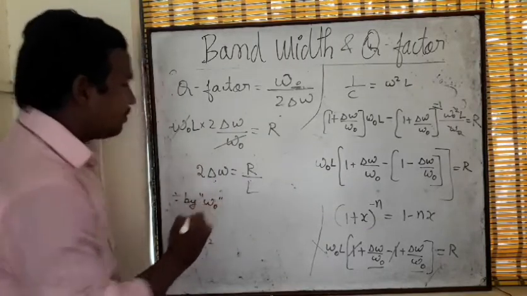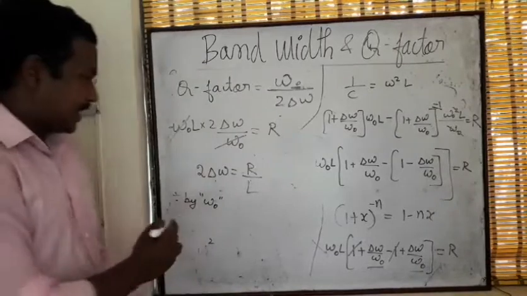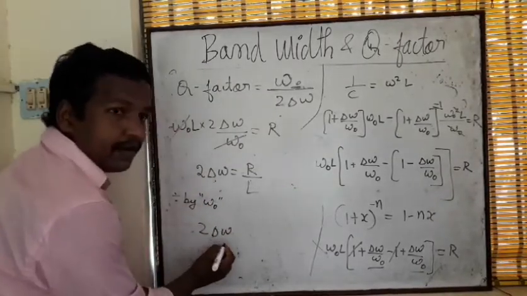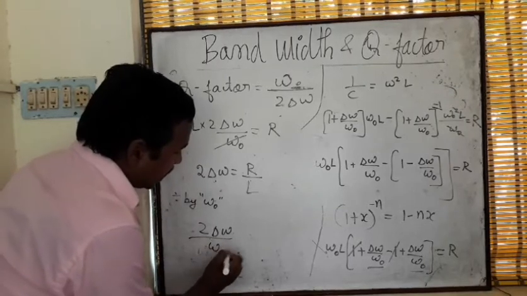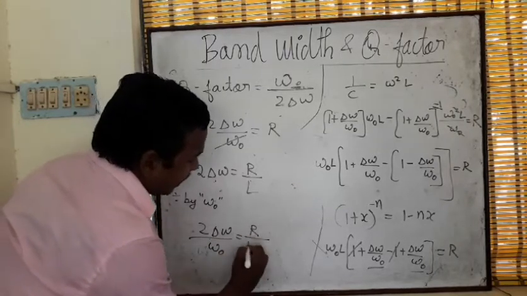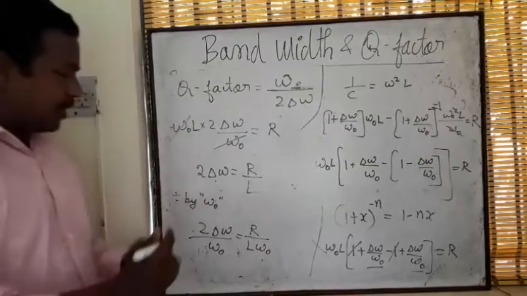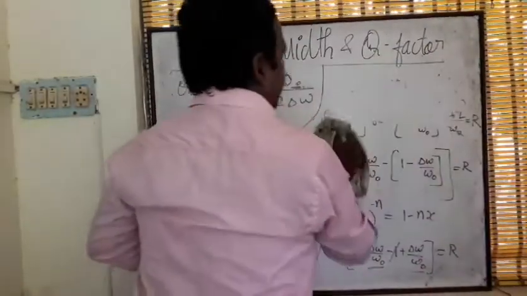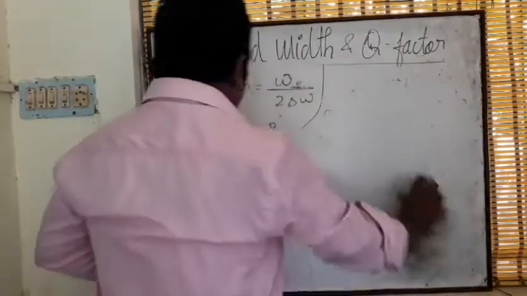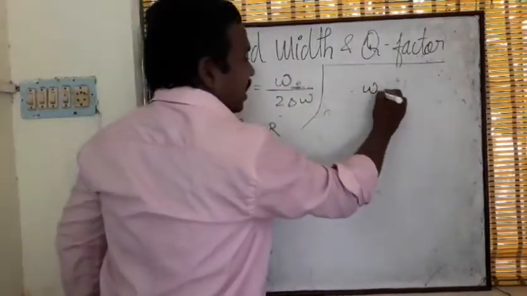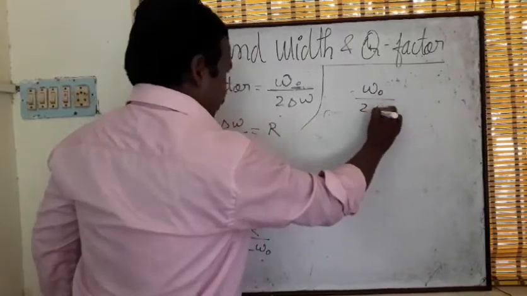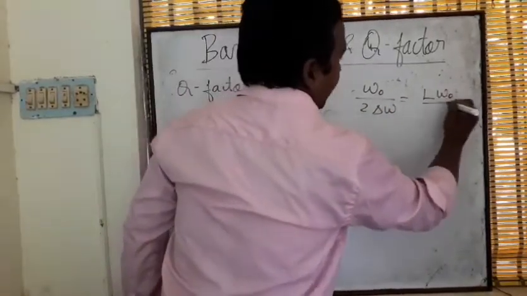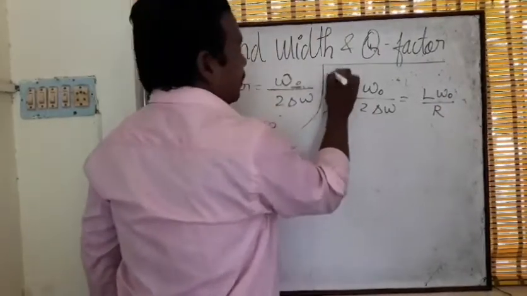Why am I doing that? Because I am going to bring in the Q factor. That means 2 times del omega divided by omega naught is equal to R divided by L omega naught. Just flip the equation and you get the Q factor: omega naught by 2 del omega is equal to L omega naught divided by R, which is the Q factor.